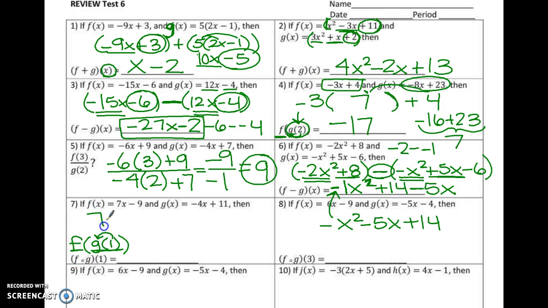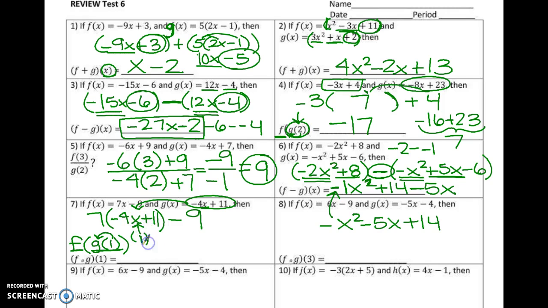So f is our outside function, whereas we're plugging g into f, and then into g we're going to plug in a 1.